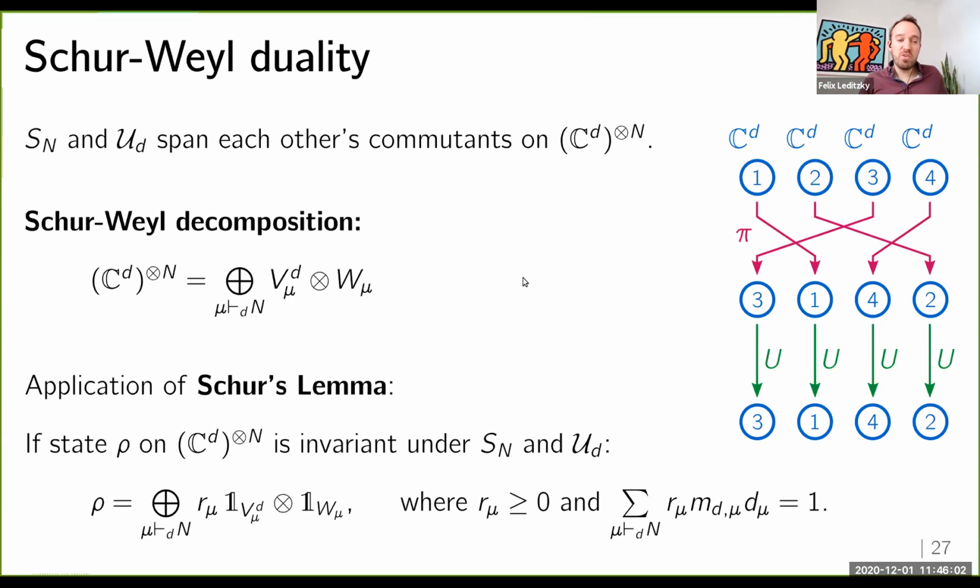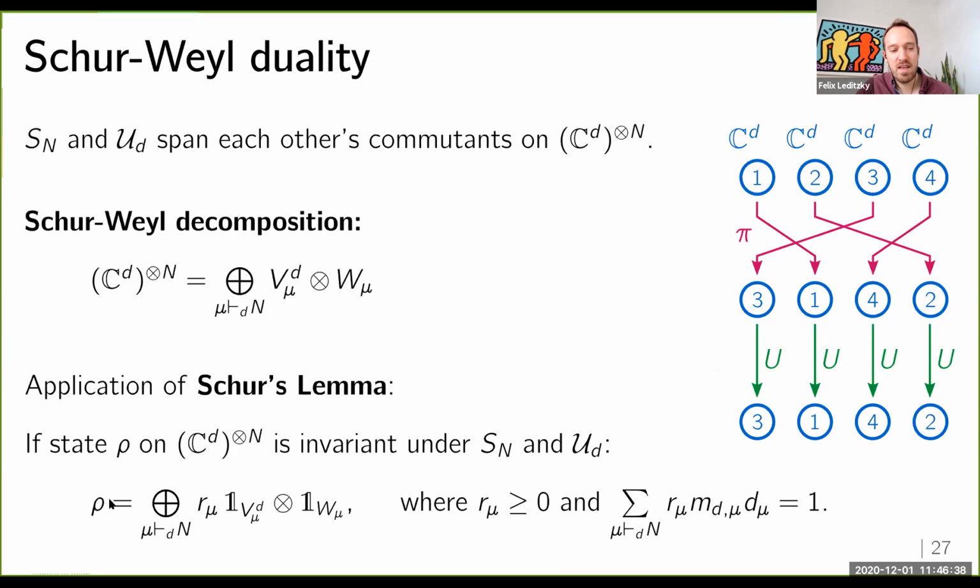And the way that we will use this Schur-Weyl decomposition is with an application of Schur's lemma, which is one of the most important but still very easy results in representation theory, which in our situation tells us that if we have a state rho on our representation space that is invariant under both actions, so it's invariant under all permutations, and it's invariant under all unitaries acting in this particular way, then an application of Schur's lemma tells us that actually in each of these summands here, the state has to be proportional to the identity.